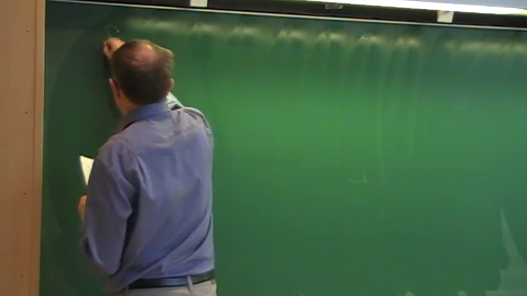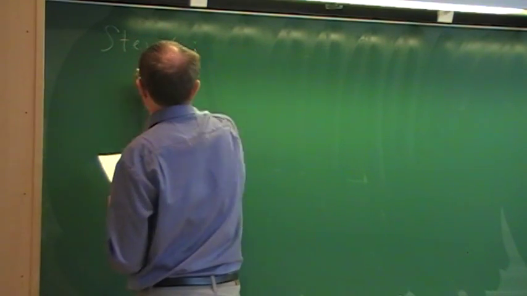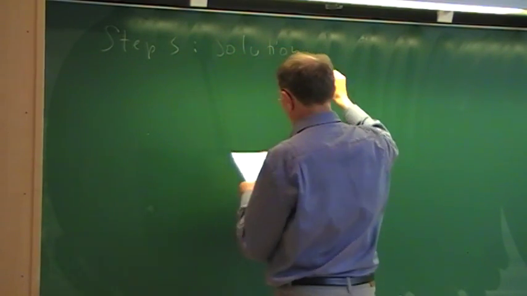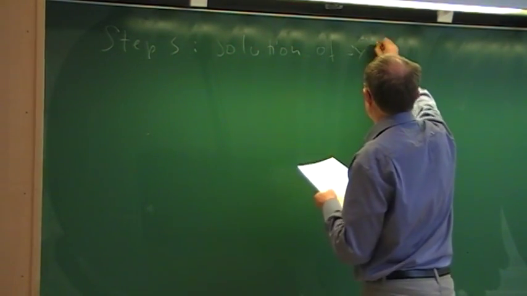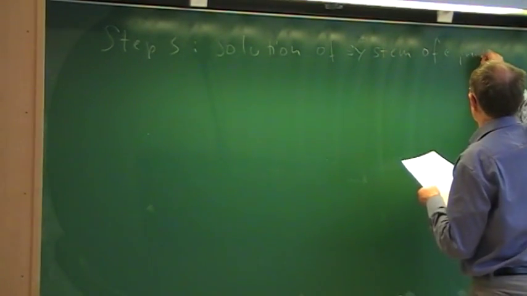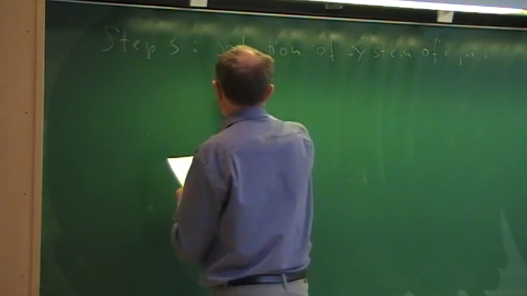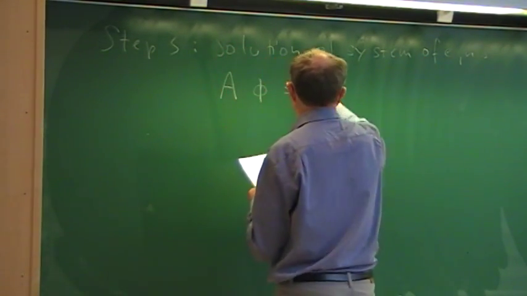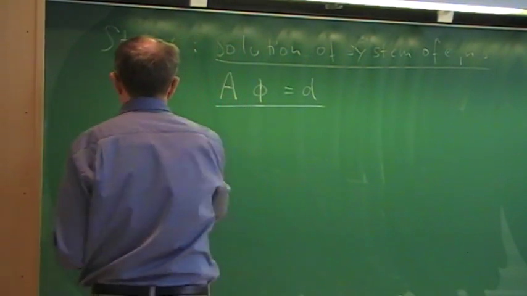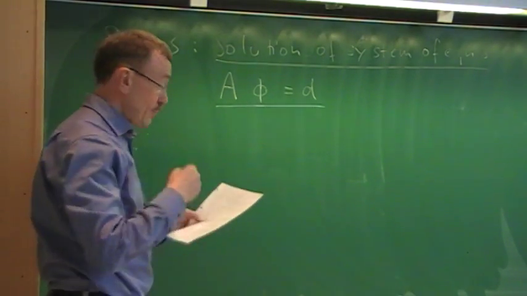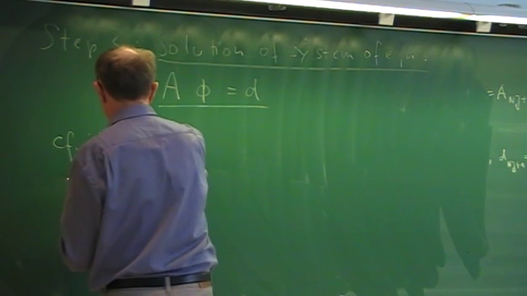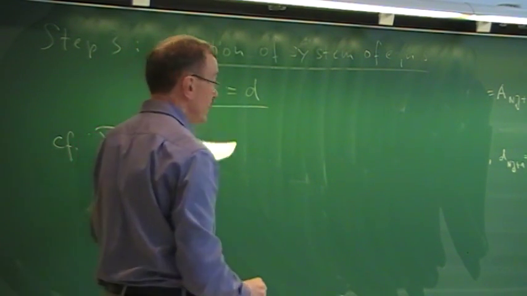So that is in step 3, and that is solution of the system of equations, and that was the system that we had seen derived, A phi equal to D. And that we are discussing in the chapter that we start directly, that is in chapter 12. There we shall discuss that.